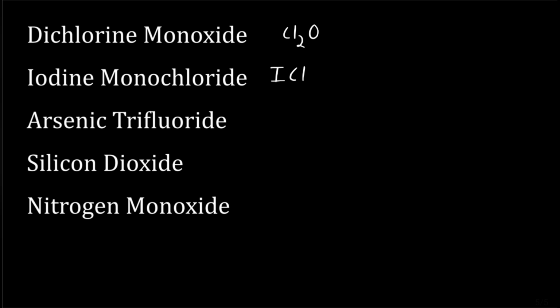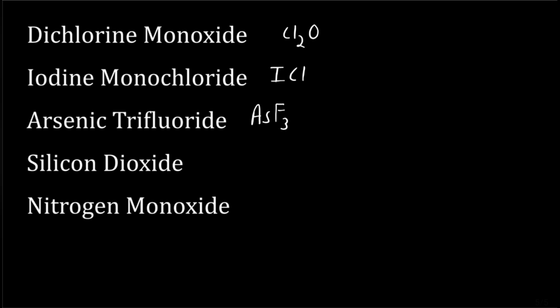Then we have arsenic trifluoride. Same deal as iodine. There's no prefix in front of the arsenic, so there's going to be only 1 arsenic. And the trifluoride tells us we're going to have 3 fluorines. Remember, the IDE is the converted name of the element. So fluorine became fluoride, so now we're going to go fluoride to fluorine.